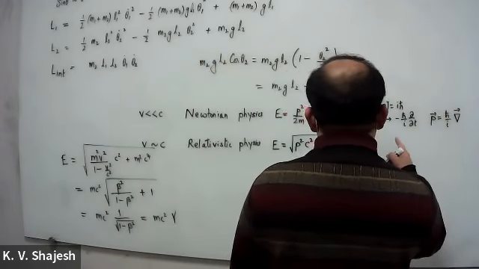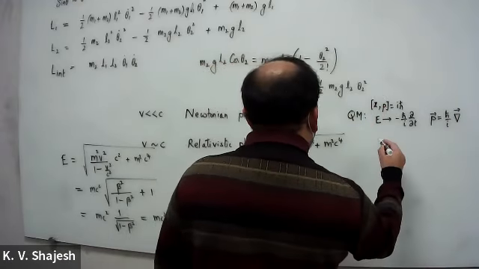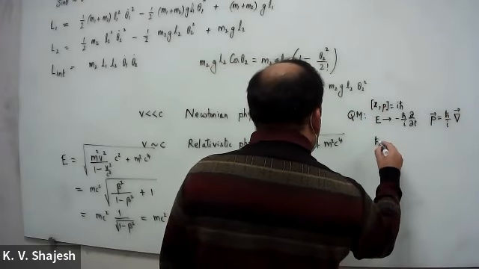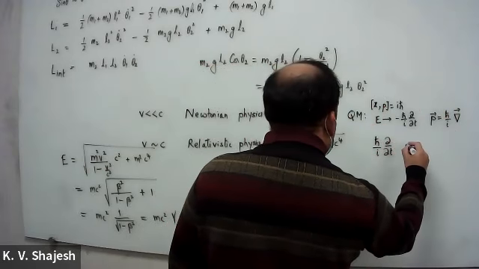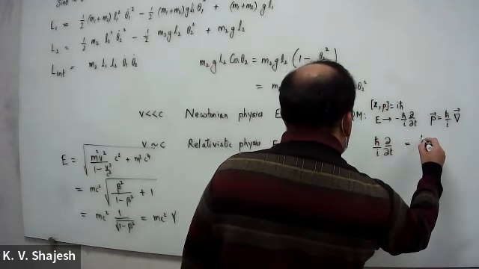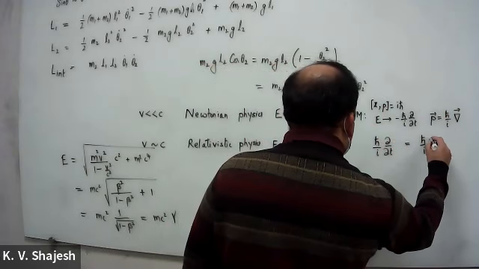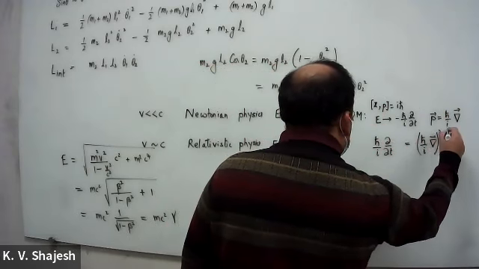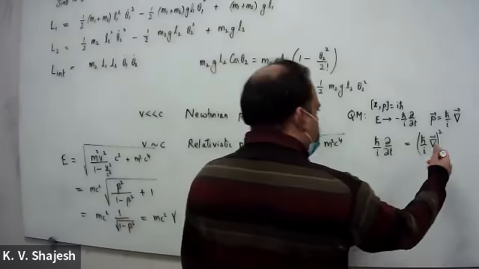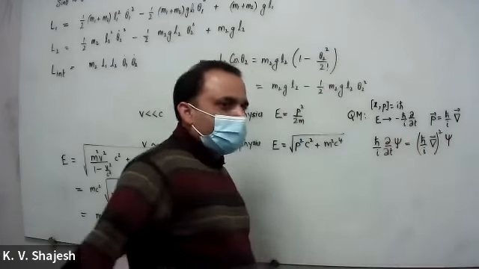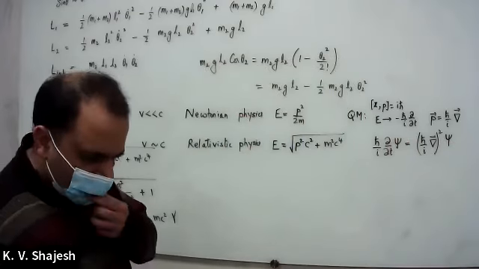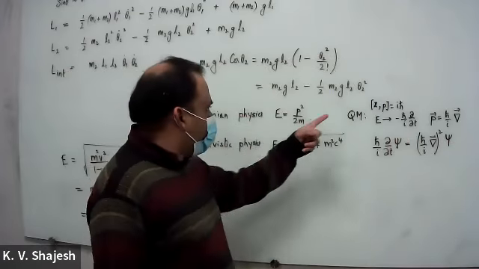Let me do this: it is h bar over i d by dt at an operator level, equal to h bar over i gradient squared. It has to act on something, you call it the wave function.